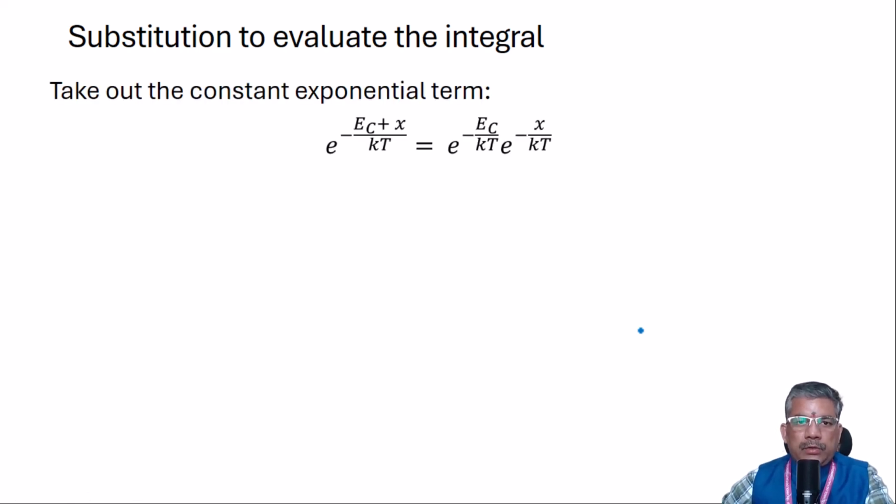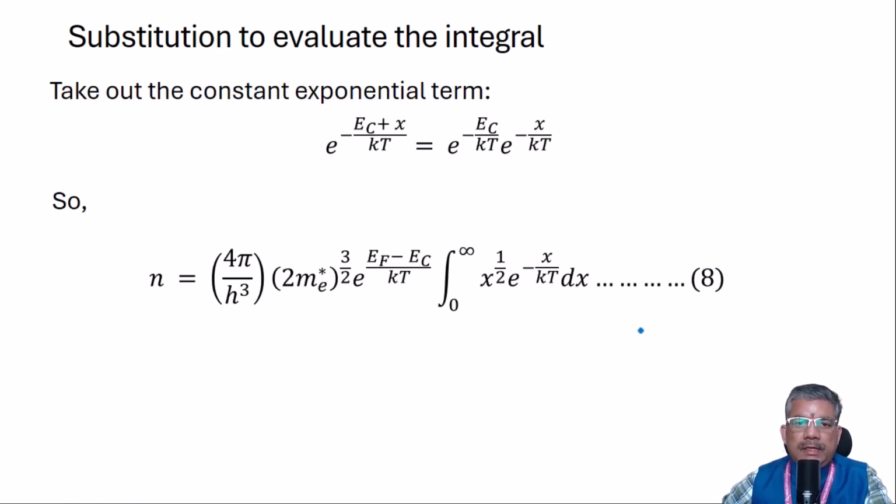Now, take out the constant exponential term, that is exponential of minus (Ec plus x) by kBT. Now again we have to split this exponential into two terms. One is exponential of minus Ec by kBT, another term is e power minus x by kBT. We can say like that. So n equal to 4 pi by h cube into (2m e star) whole power 3 by 2 into exponential of, already we have Ef outside the integral.